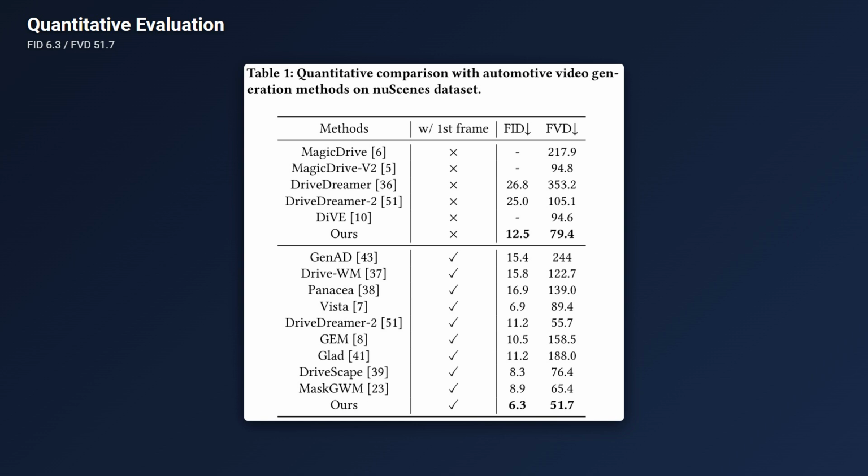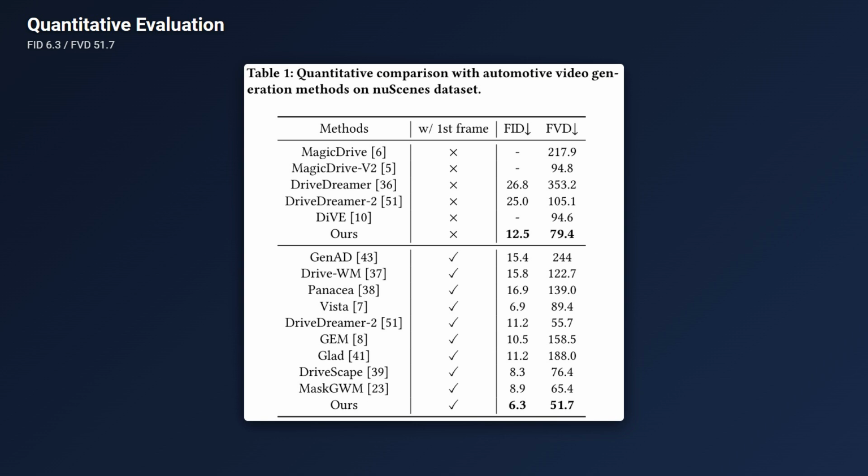Now let's look at quantitative results. We compare on the nuScenes validation set against several state-of-the-art methods. Without first frame guidance, we achieve FID 12.5 and FVD 79.4, already competitive with prior methods.